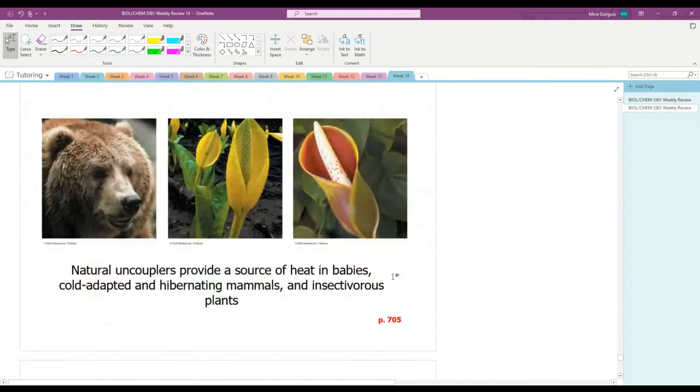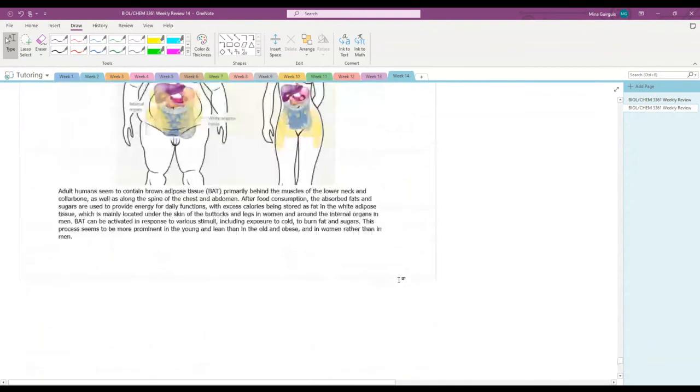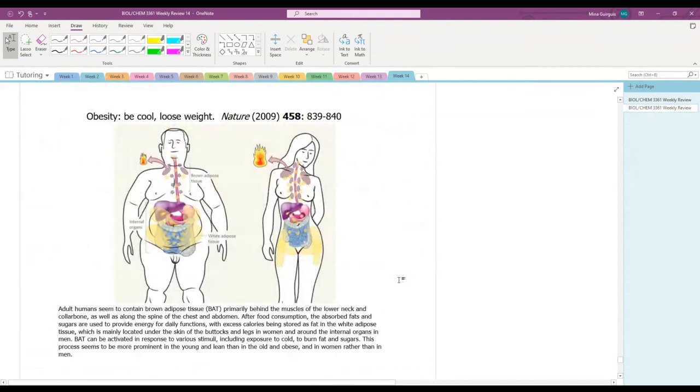Okay, all right. So natural uncouplers provide a source of heat, right? It makes sense because the energy has to be dissipated. Somehow it gets dissipated by heat. Okay, and the final slide of your PowerPoint and of really this entire class is that we use what's called brown adipose tissue for this purpose. The absorbed fats and sugars provide energy for our daily functions, and then obviously the excess is stored as fat in white adipose tissue.